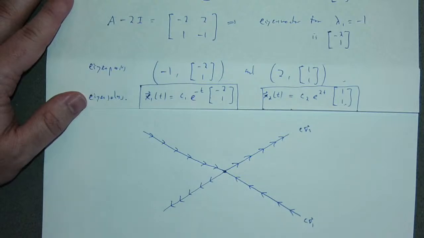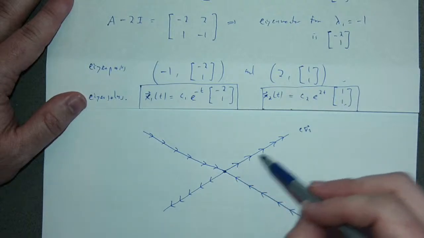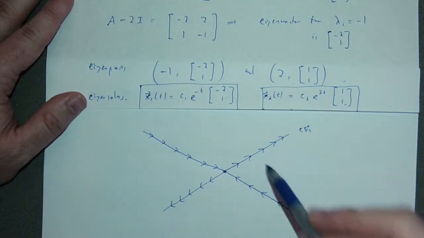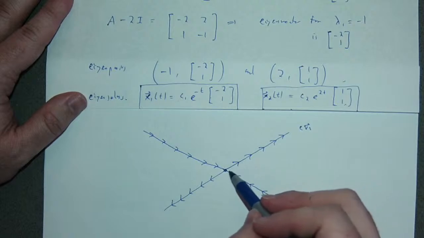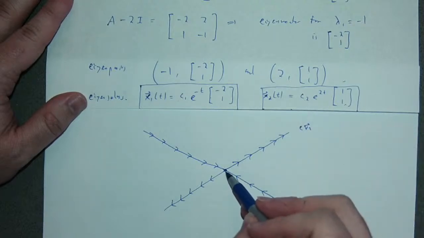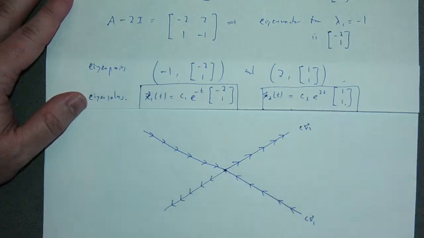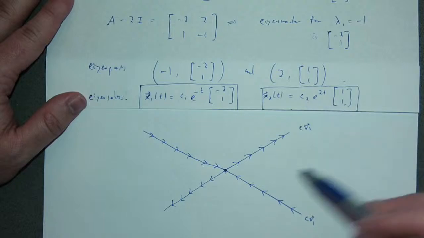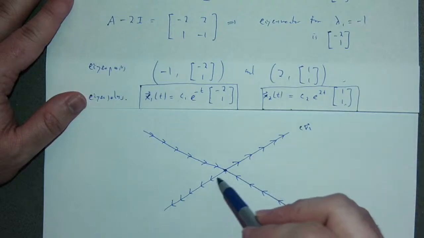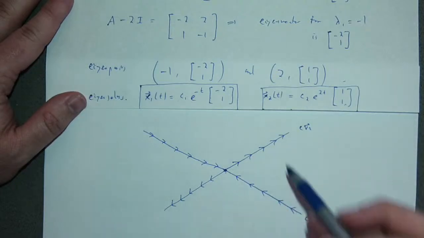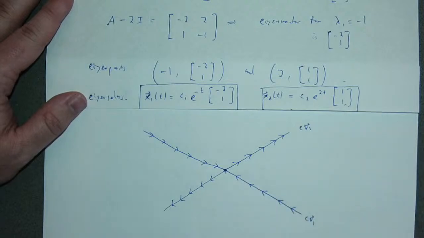Similarly, if c1 is 0 and c2 is non-zero, I get something along this other line, one of these two half lines, that moves away from the origin as t increases.